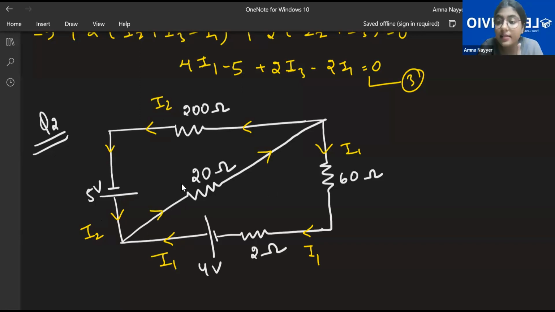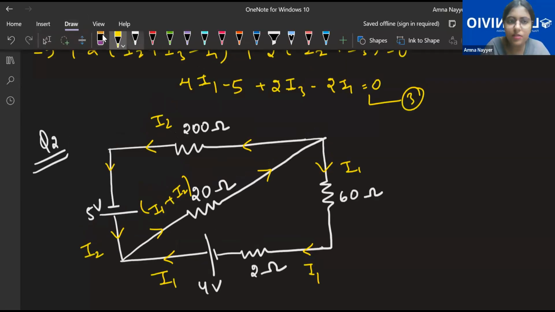Try to write the least number of variables so you get the least number of equations. So I2 is coming from this side, I1 from this side, they'll be added and I'll get I1 plus I2 in this branch. Is this distribution fine? You must have understood this?